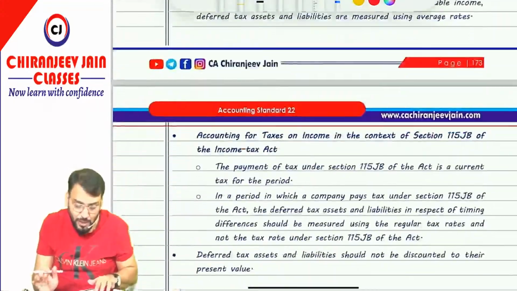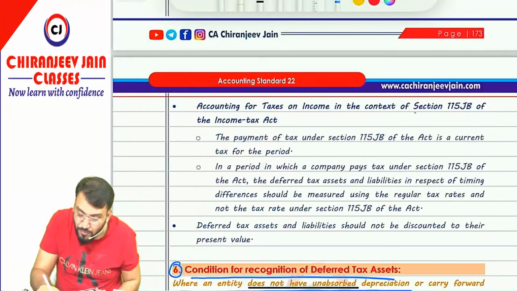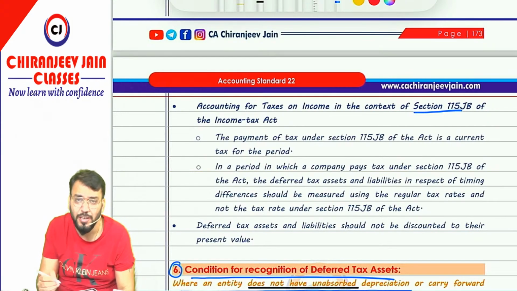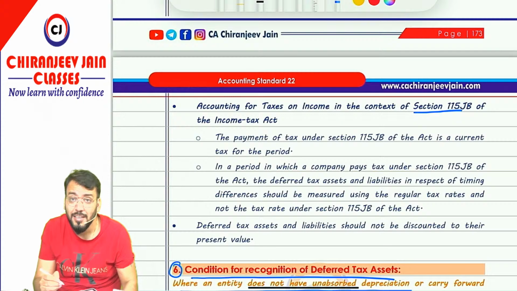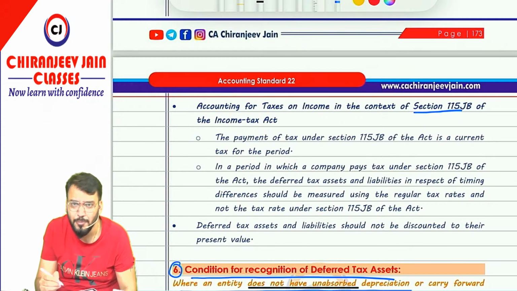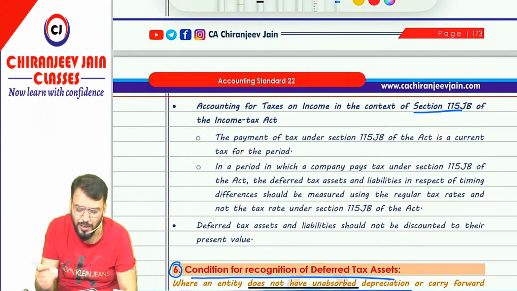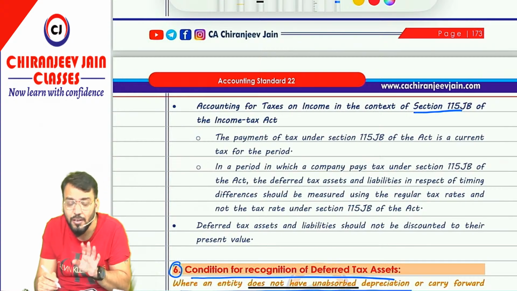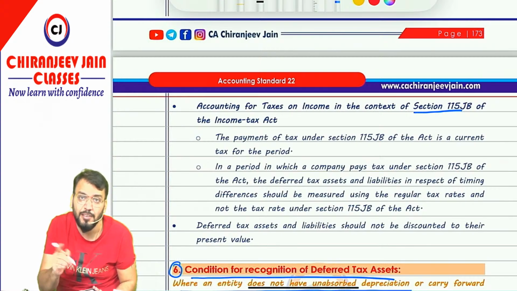Now coming to one important point about section 115JB. I hope you might know about MAT, minimum alternative tax. Have you done it under the Income Tax Act? Quite possibly you have. As per the Income Tax Act, the entity needs to pay tax based on the higher of regular tax or MAT, whichever is higher.